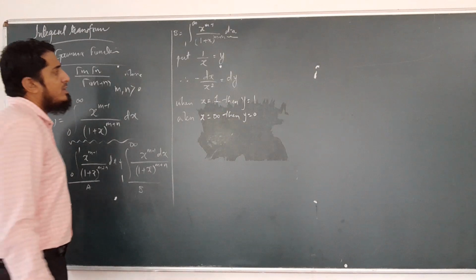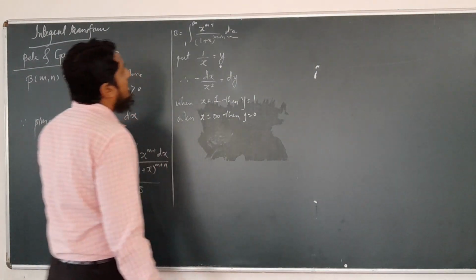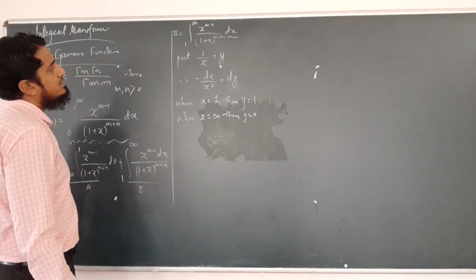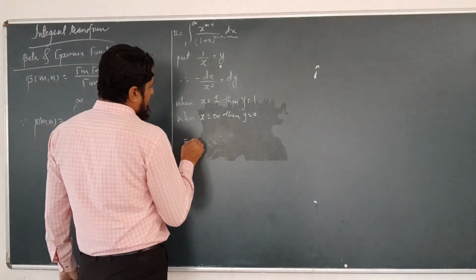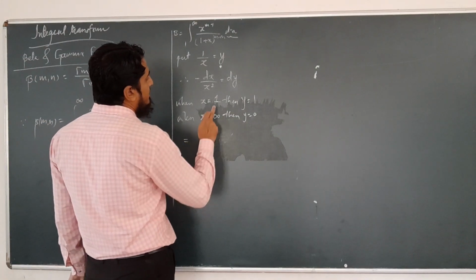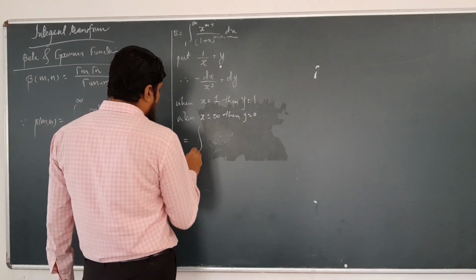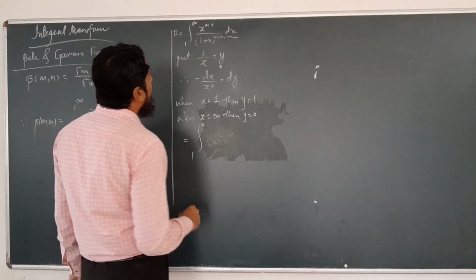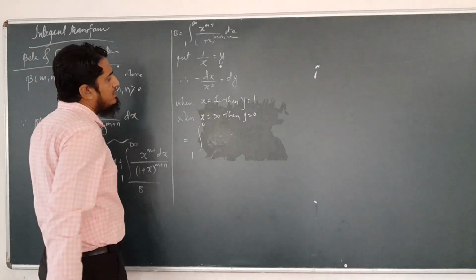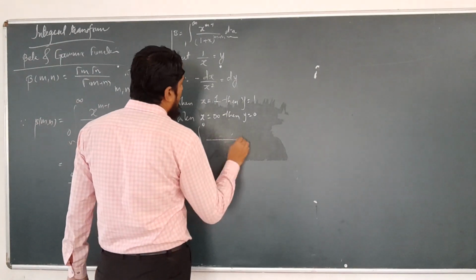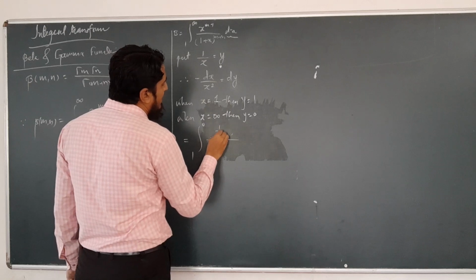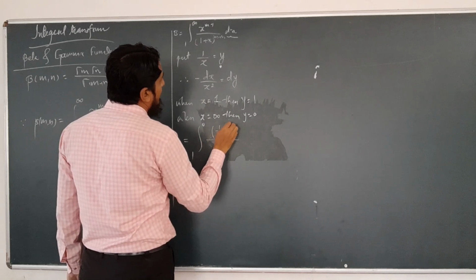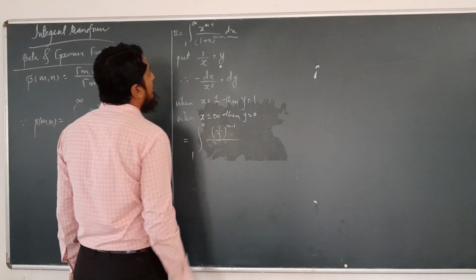So we have the limit as integration from 1 to 0, x raised to m minus 1 is equal to 1 upon y raised to m minus 1.